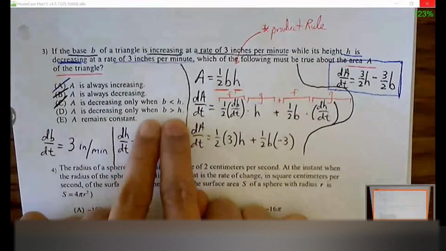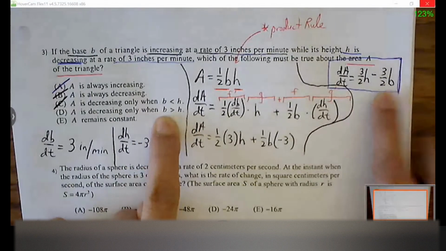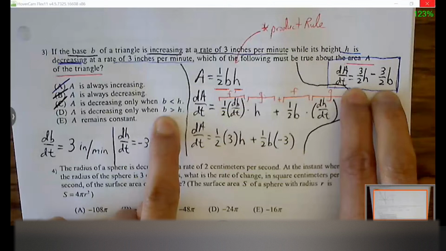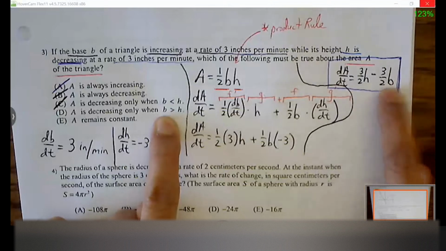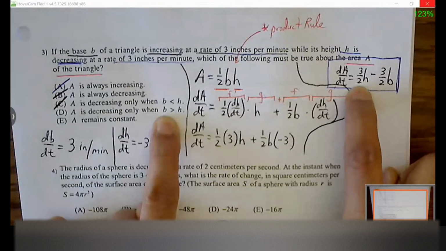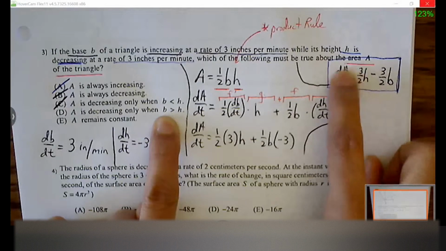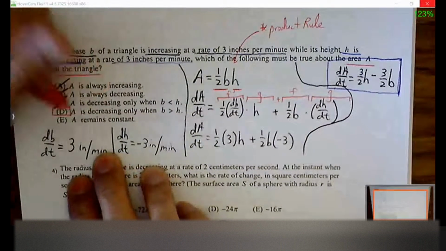A is decreasing whenever b is greater than h. Yes, right. The nice thing is that they share the same coefficient, so we can compare apples to apples here. If b is greater than h, that means the negative is going to be greater than this positive value, which is going to force this dA/dt to be negative. So D is our answer.